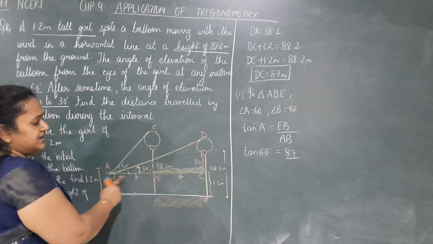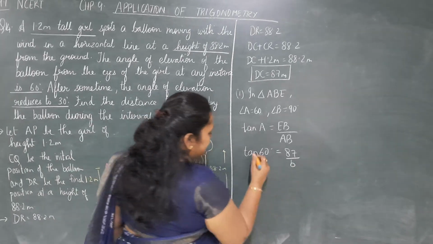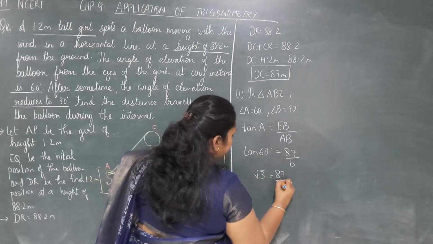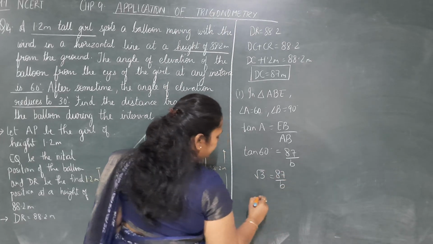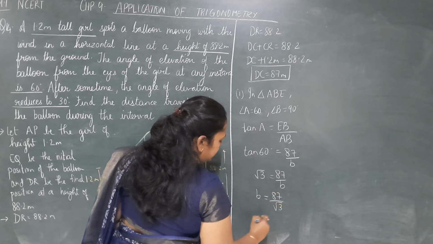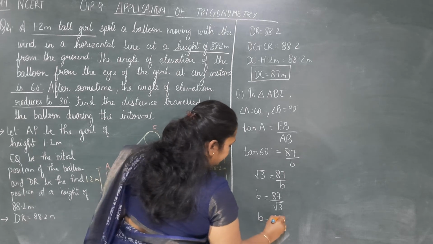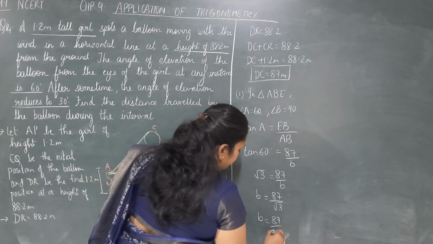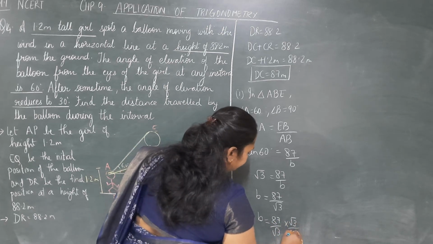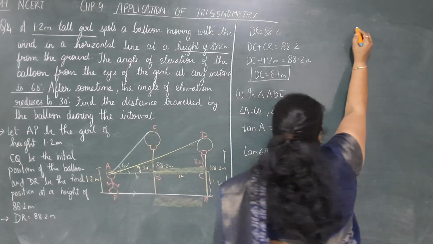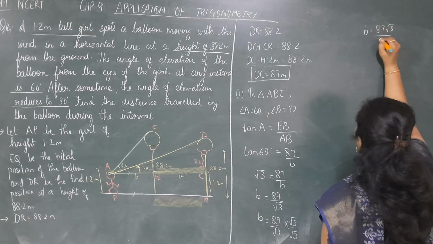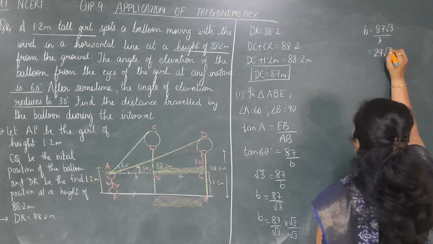I have represented AB with small b. Tan 60 value is root 3, so root 3 is 87 upon b. Hence on simplification we get b is 87 upon root 3. To rationalize it we are going to multiply and divide by root 3. We get therefore b is nothing but 87 root 3 upon 3, which is 29 root 3 meters.